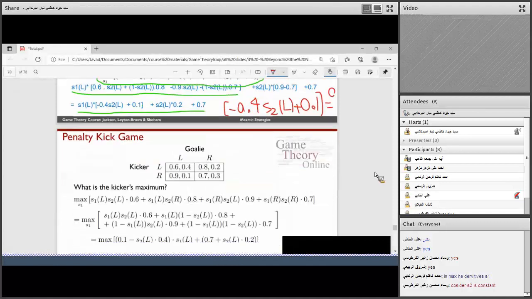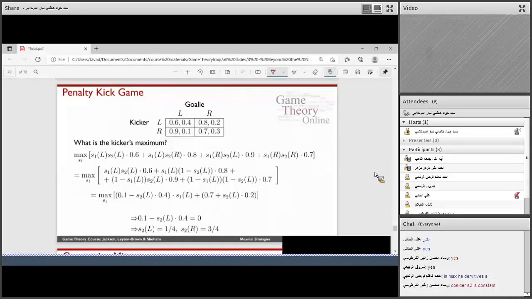It would give us S2 of L equal to 1/4. That's exactly what we got. 0.1 minus 0.4 times S2 of L equals 0. Therefore, 0.4 S2 of L is 0.1. And then S2 of L equals 1/4.